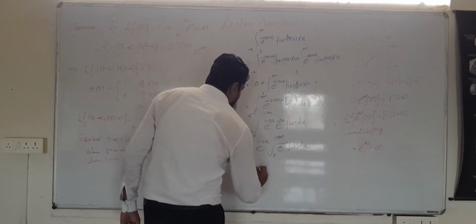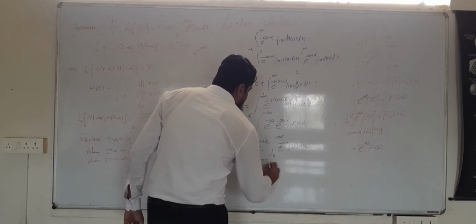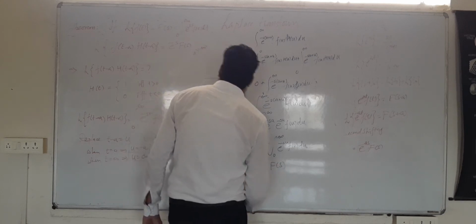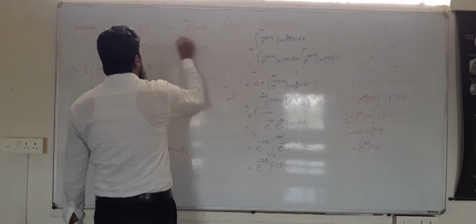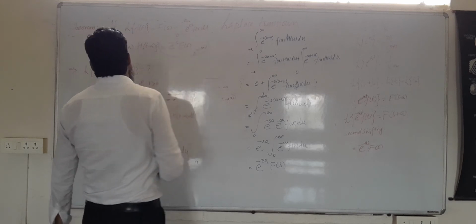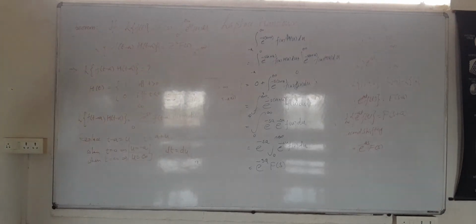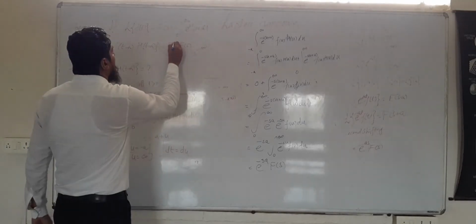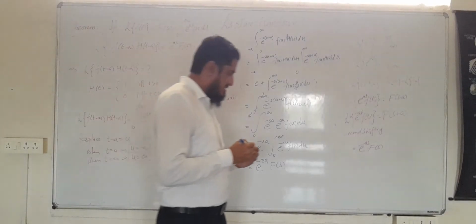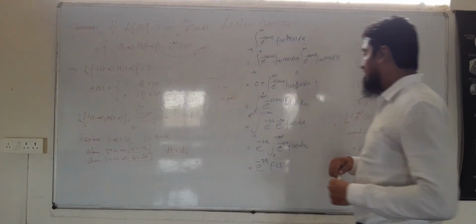So we will get e raised to minus sa F(s). Here we have a printing mistake. We can write it as e raised to minus as F(s).